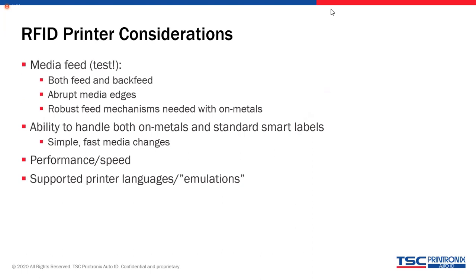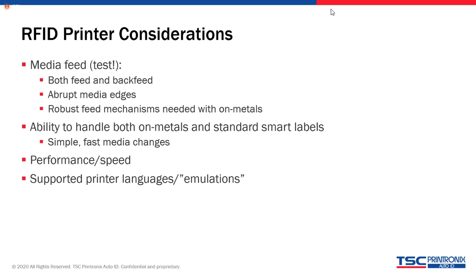Once you think you have a printer and tag combination selected, then you want to move on to some testing. Very important to test the media feed, and I'm talking about the physical feed of the media through the printer. Test, test, test. You want to look at both feed and backfeed.